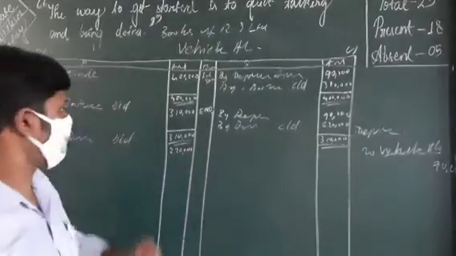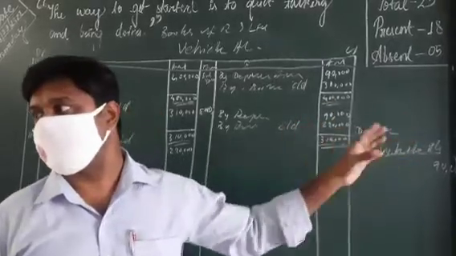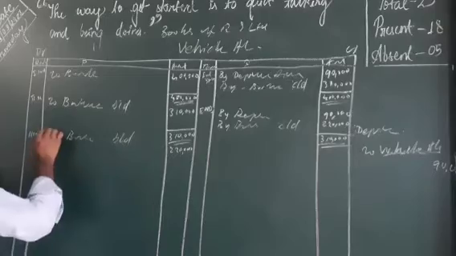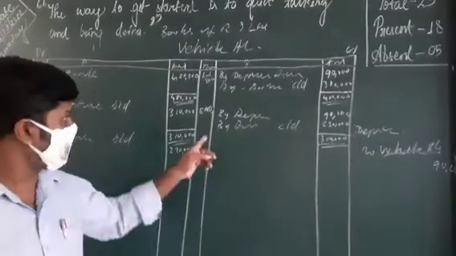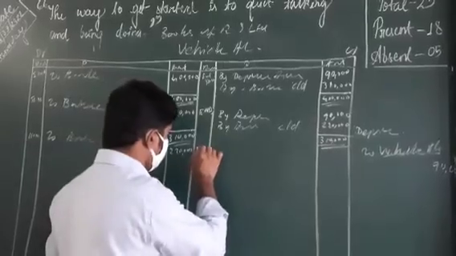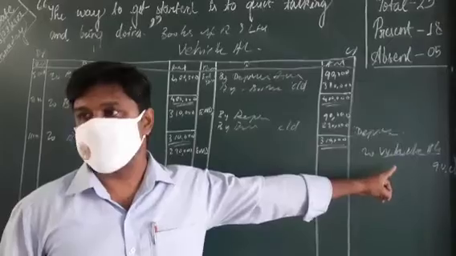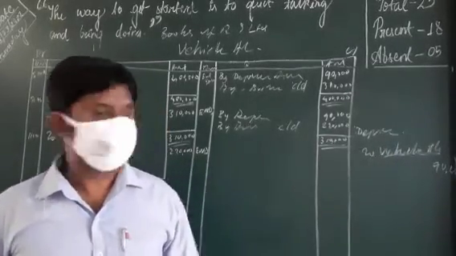Again at the end of the year, the same journal entries are repeating with the same amount. To balance brought down. And at the end of that third year, what journal entry is repeating? Depreciation to vehicle and profit and loss to depreciation.